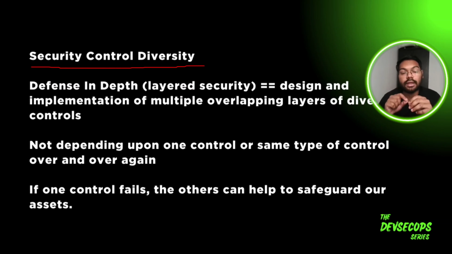And once you enter that particular number, then only are you allowed to access the application. So what we have done is layered these different things. A security control is being layered from the standpoint of authentication. So we have used multiple overlapping layers of diverse security controls.